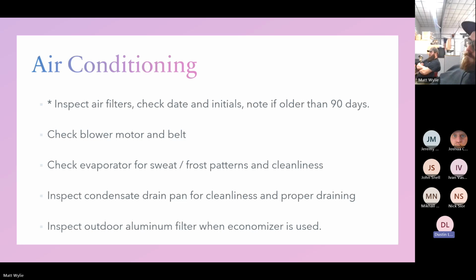Did someone adjust the pulley and put a bigger belt on it because they didn't have the right size? All those things factor into it. So if a unit is in cooling mode and your motor is not running fast enough, what do you think your suction pressure is going to be, higher or lower than normal? And is your evap temp going to be higher or colder than normal?